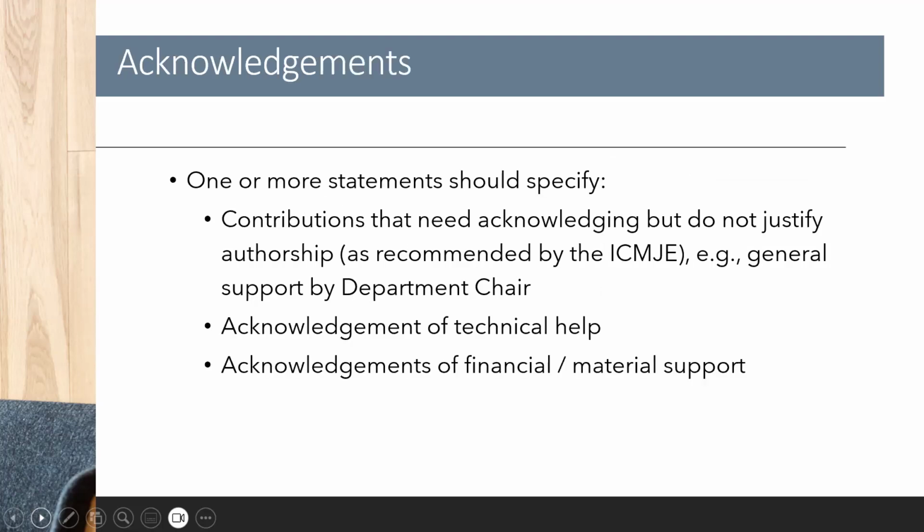Under acknowledgements, you must have one or two statements that specify contributions that need acknowledging, recognizing or thanking, but do not justify authorship. For example, the department chair helped you, so you may acknowledge him. You may also acknowledge technical help, financial, and logistical support.